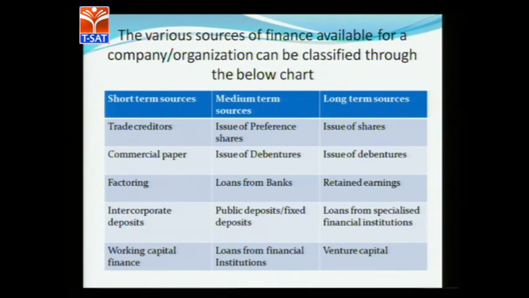And working capital finance is where commercial banks provide loans to business industries. We can also call it bank credit. It may be in the form of loans, or fixed overdrafts or bills discounting, etc. And in medium-term finance, we have the issue of shares.